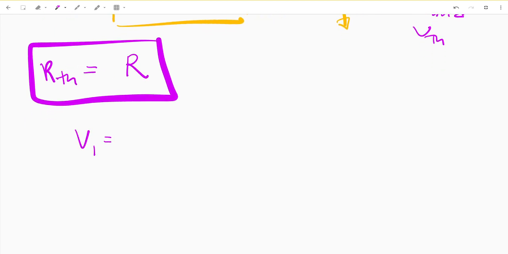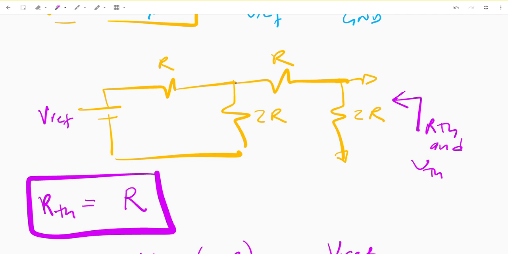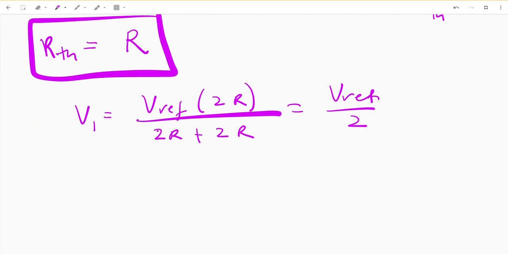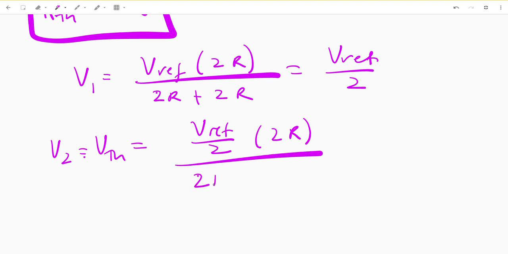And V1 is equal to Vref times 2R over 2R plus 2R, which is equal to Vref over 2. And let's say that this is V1. And then V2, which is equal to VTH in this case, is equal to Vref over 2 times 2R divided by 2R plus 2R, which is equal to Vref over 4.